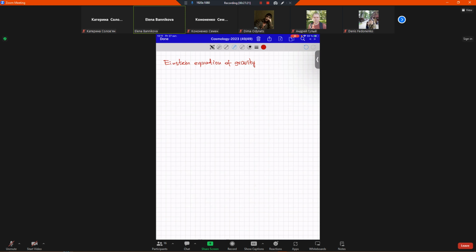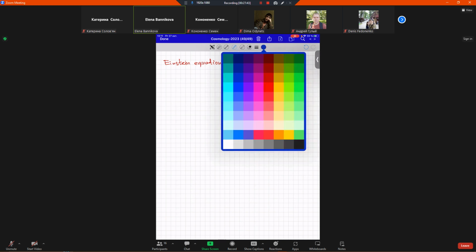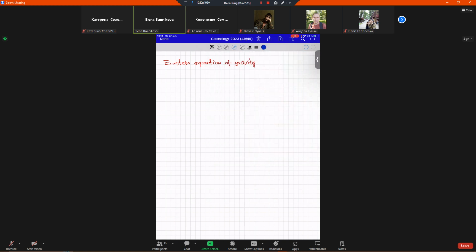I like this way to obtain the Einstein equation because it's elegant and quick. At the end of this part of the procedure, we will obtain the expression, and now the goal which we would like to put. Maybe I will only start to do this.